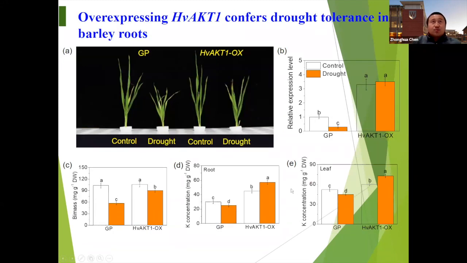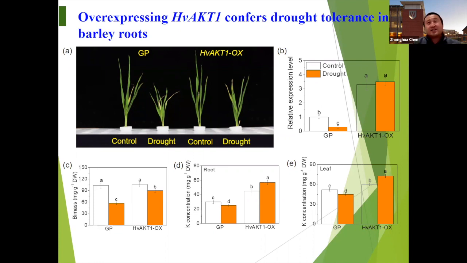So overexpression. We generated some stable overexpressing lines. Here we only show one line, but we have generated a few different lines. Overexpressing HvAKT1 slightly, significantly improved drought tolerance of barley, but I wouldn't say it's what we would expect, a much bigger, much better improvement of drought tolerance.